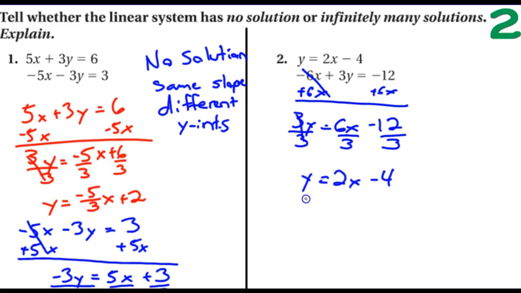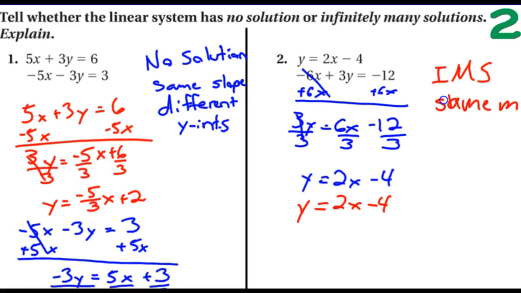And that is the same equation as the top one, y equals 2x minus 4. So that means there is infinitely many solutions because they have the same m and b. They have the same line.